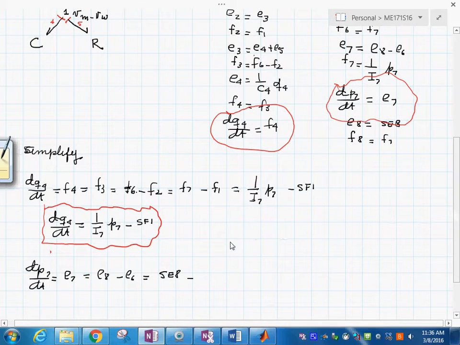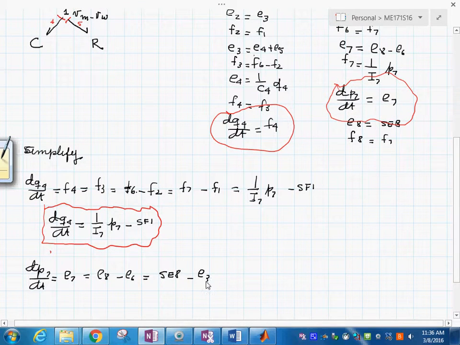Okay, so let's continue over here. So we have 1 over C sub 4 Q sub 4 plus F5. What is F5?